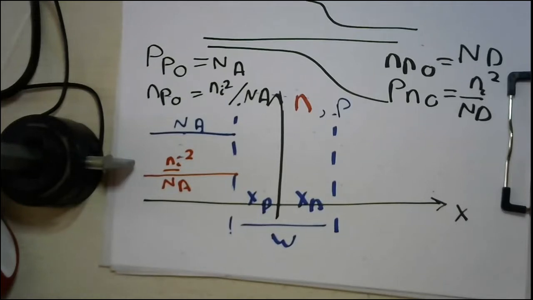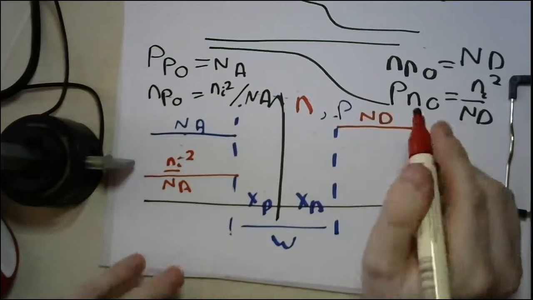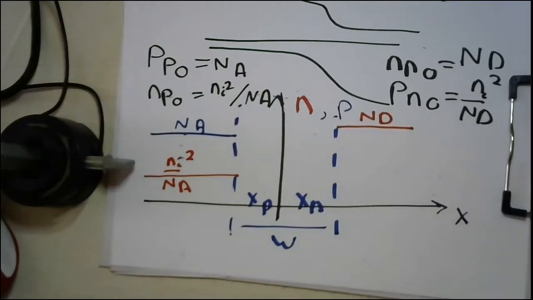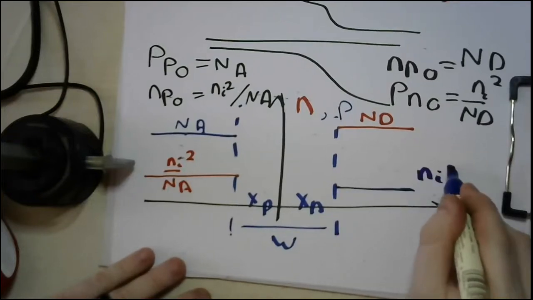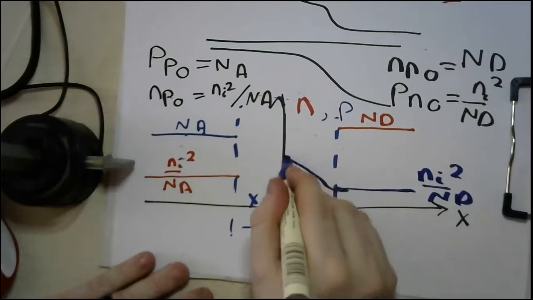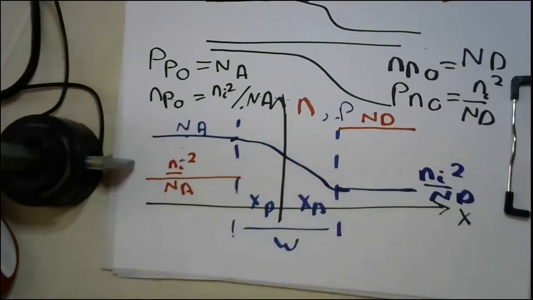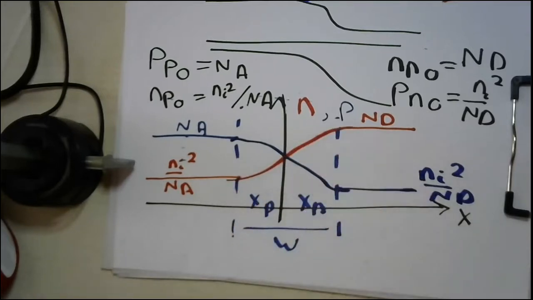For electrons you have Nd, and for holes you have Ni squared over Nd. Now you can make the link between both groups. Okay, so this is the drawing which we already drew, I believe, in our part number 2 lecture, if you remember.